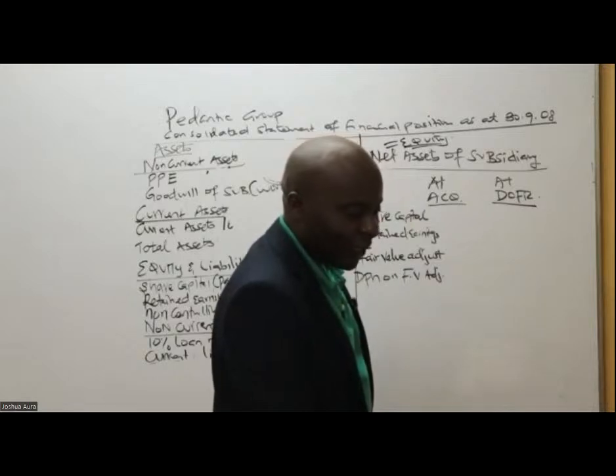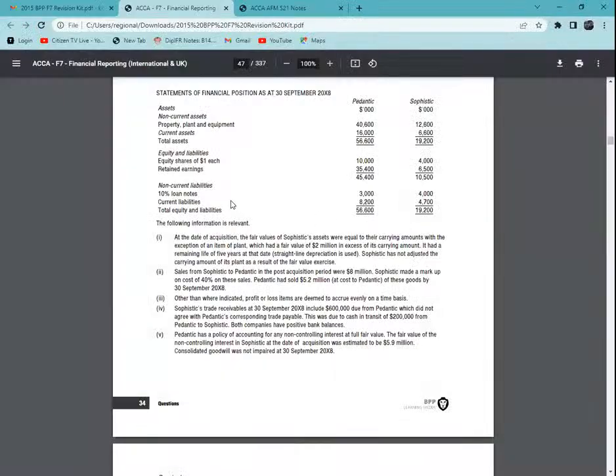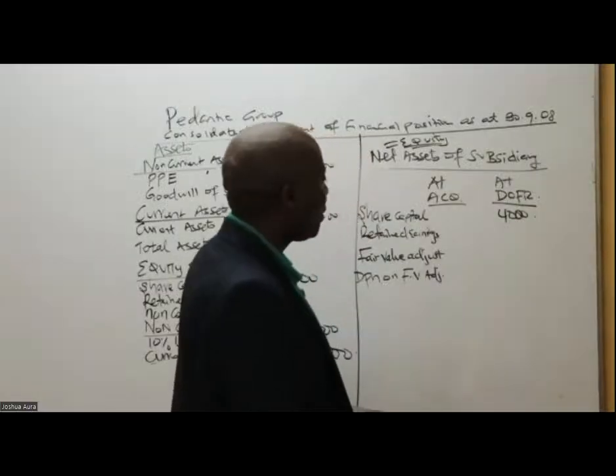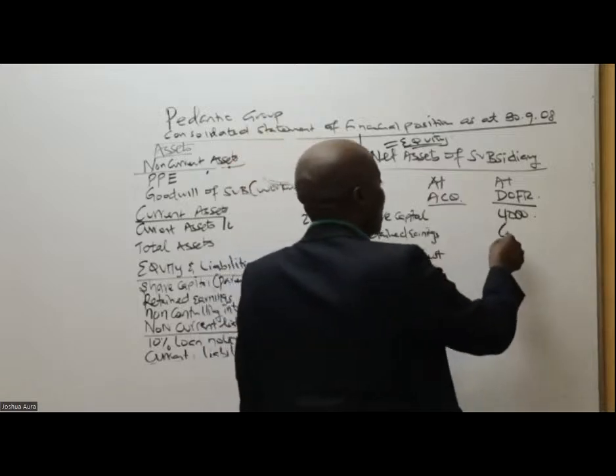Looking here, the equity shares, the subsidiary Sophistic had how many equity shares? It had 4,000. Thank you so much. Next, retained earnings of the subsidiary at reporting is 6,500.